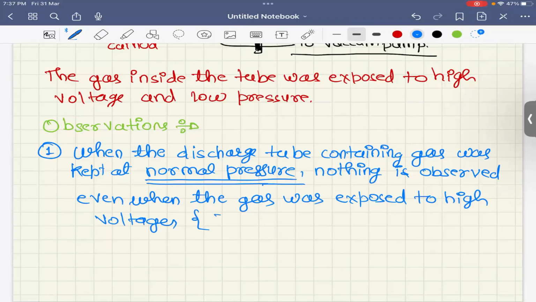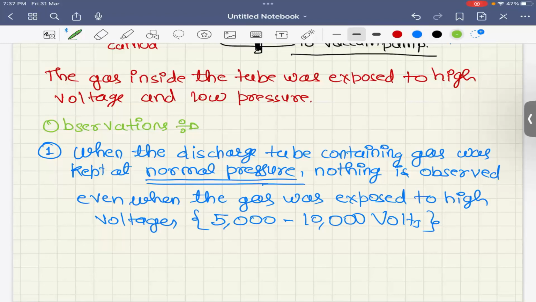When we say high, it was around 5,000 to 10,000 volts, right? And it is irrespective of which gas they have taken. Sir J. J. Thomson had conducted similar experiments for many gases, and these are the general observations which were obtained, right?